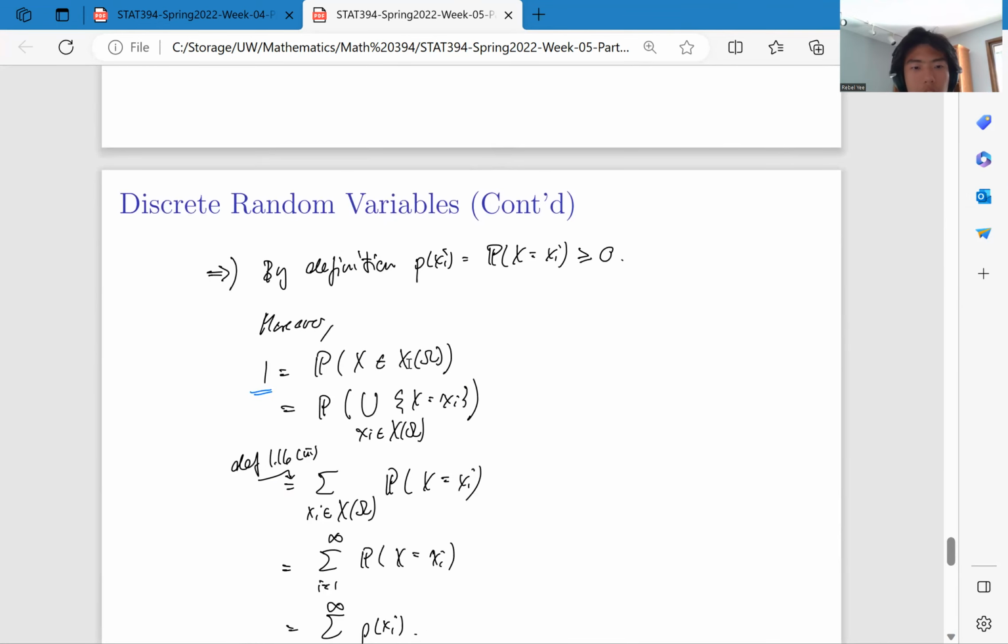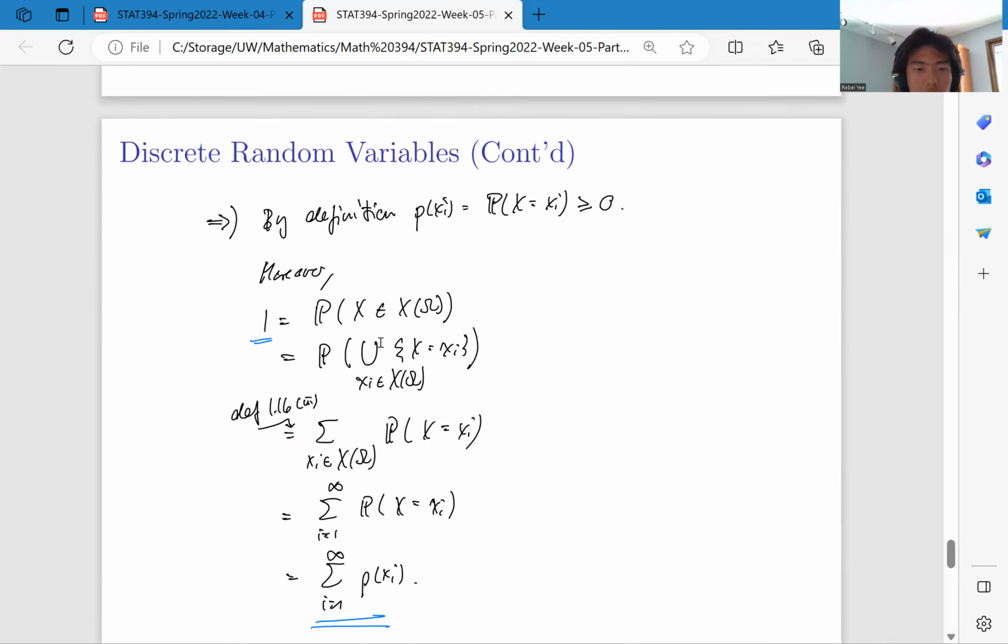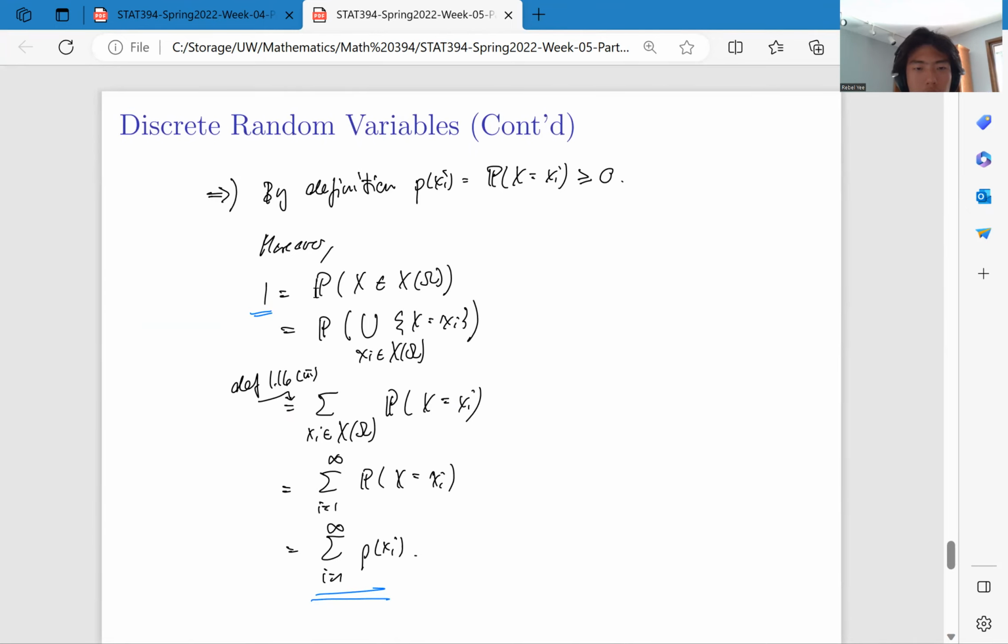Next, just one step: we already know that 1 is equal to the probability of X belonging to X of omega, because for the sample space, X belongs to X of the sample space. That means it is the whole case of the problem, so it's definitely 1.